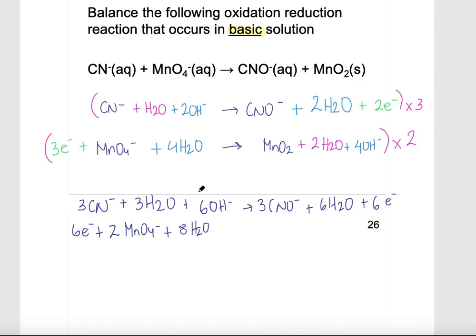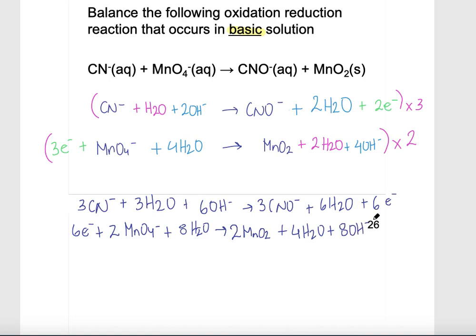And then we have our arrow, and then we have 2 MnO2s plus 2 times 2, that's 4 waters. And 2 times 4 is 8 hydroxides.